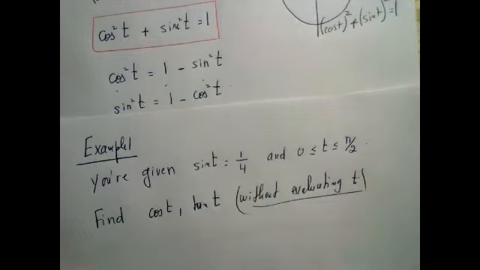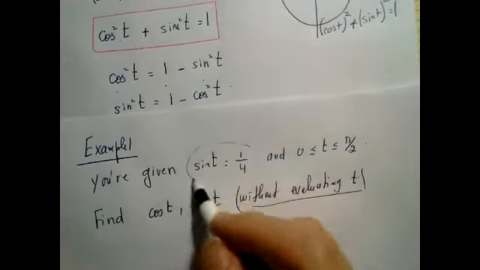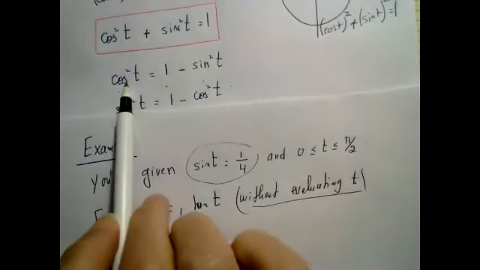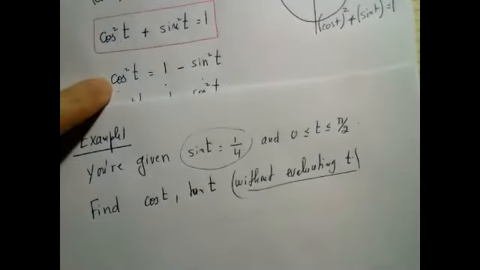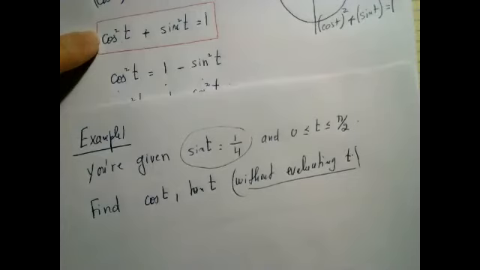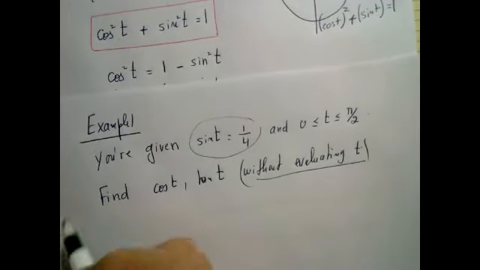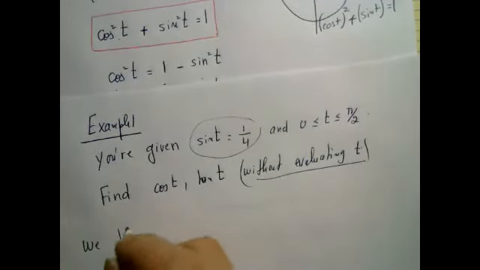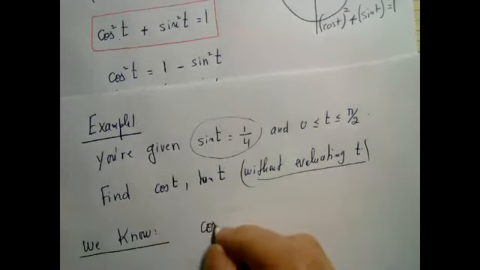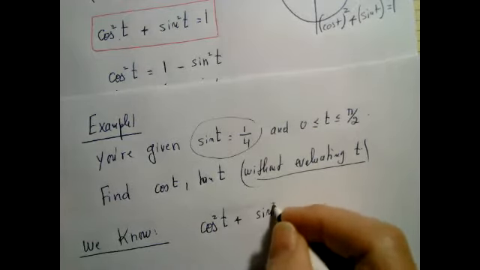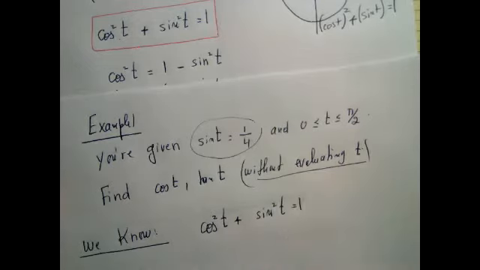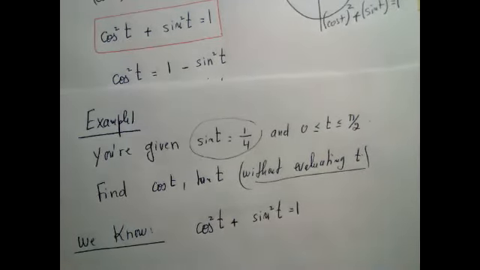Okay, so let's see how I can do it. I know the sine and I want the cosine, so I'm going to use this trig identity. You can either use this one, or if you only memorize this, you will be okay. So we know the following: cosine squared t plus sine squared t equals 1.